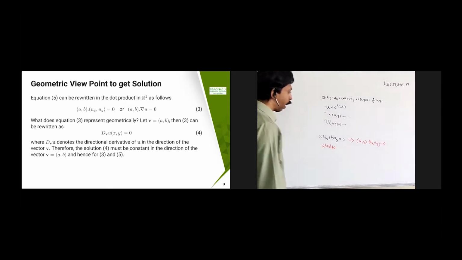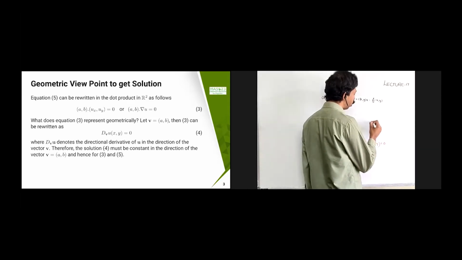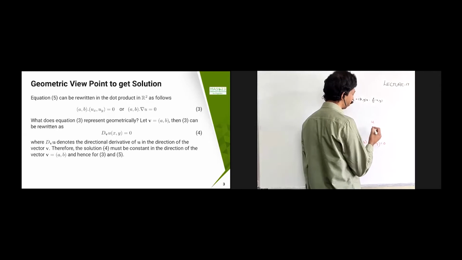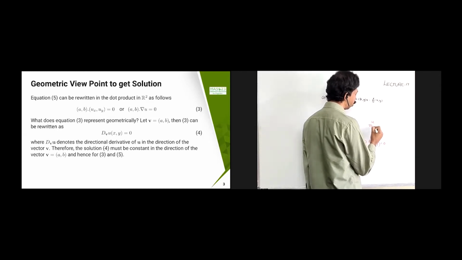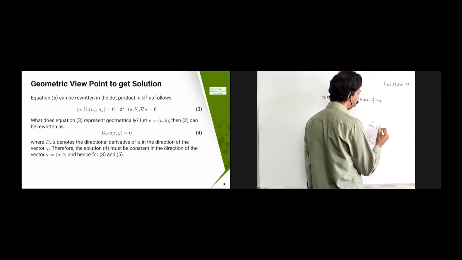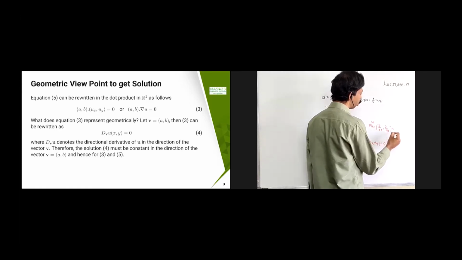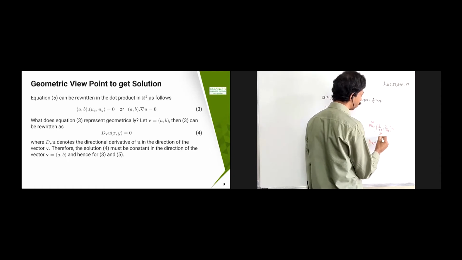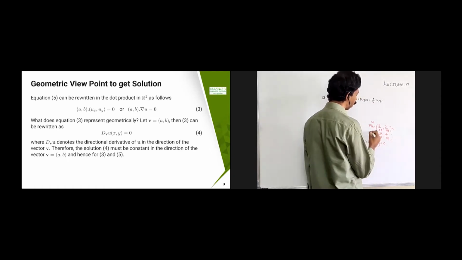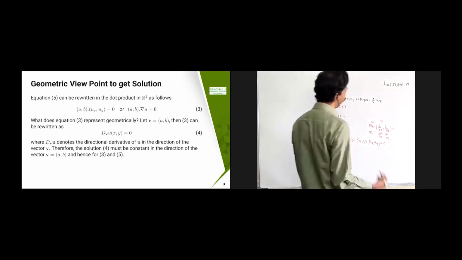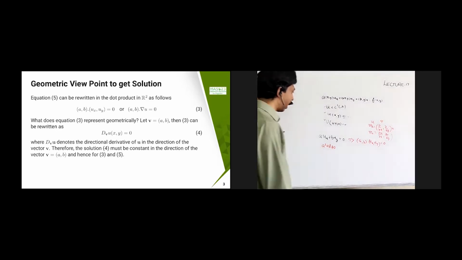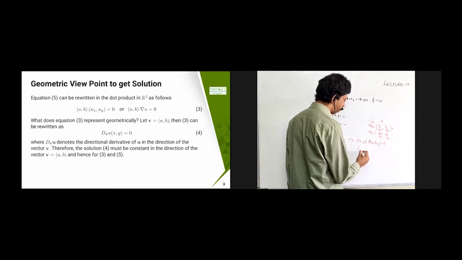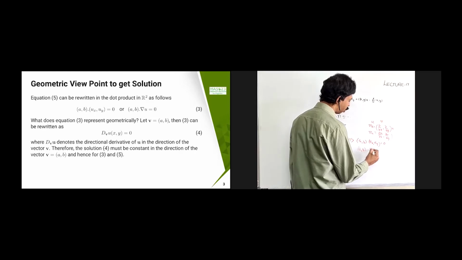In general, if u is a scalar function, then del u can be written as (dou u by dou x, dou u by dou y). This del is called the del operator, the gradient operator. Therefore, I can write this as (a, b) dot del u equal to 0.